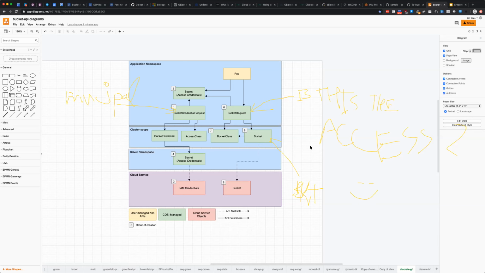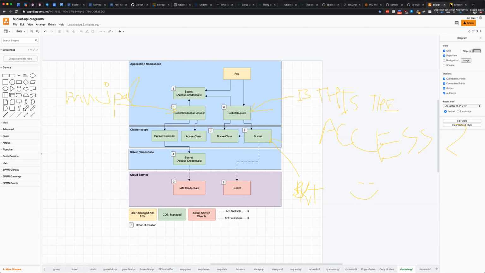So it also exists in both sections. Now, how we represent both, I don't really know yet. My initial thought is that policy probably takes place at the point of bucket, either binding or access permission. So when the bucket request is created, policy has to be written in there somewhere.